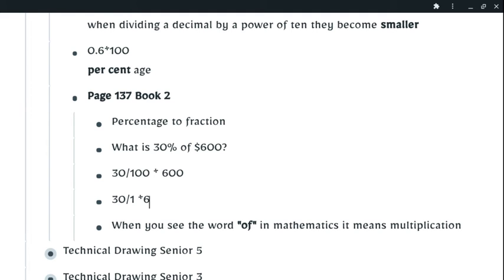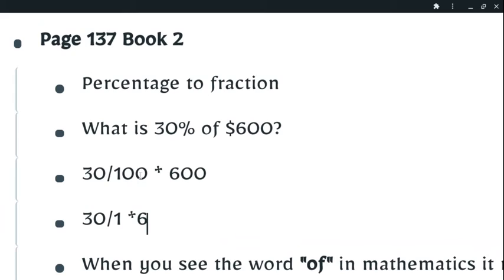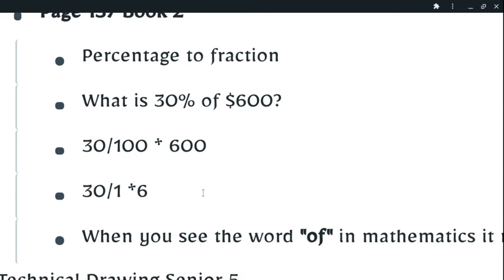Yes, sir. All right, let me go slowly again. How many zeros are on 100? 2. How many zeros are on 600? 2. So we're going to write this rule. Whenever you have a fraction that has the same amount of zeros, it can be simplified.